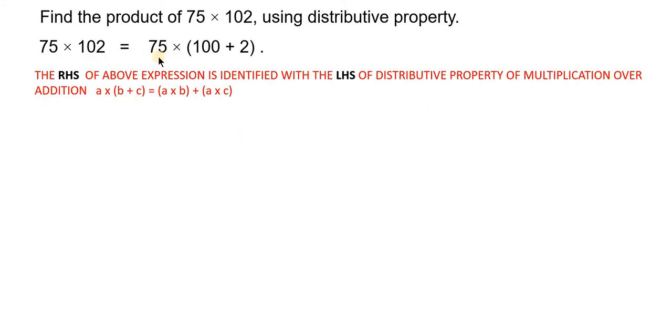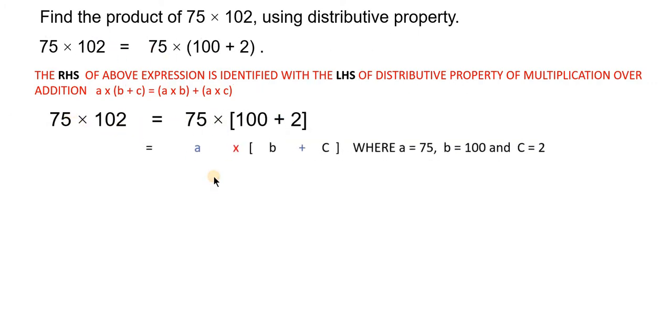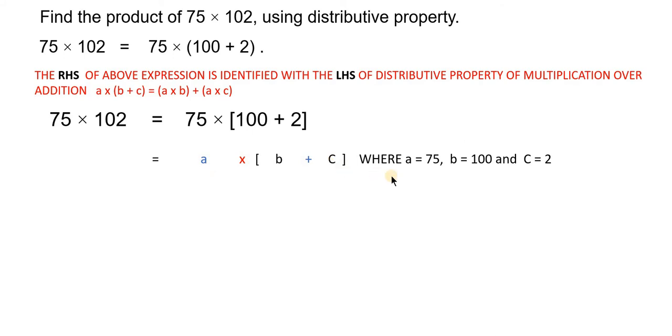See, after splitting it, it looks like A multiplied by B plus C. You can relate 75 to A, 100 to B and plus 2 to C. So it looks like the left hand side expression of the distributive law. So A equal to 75, B equal to 100 and C equal to 2. This way you can correspond it.